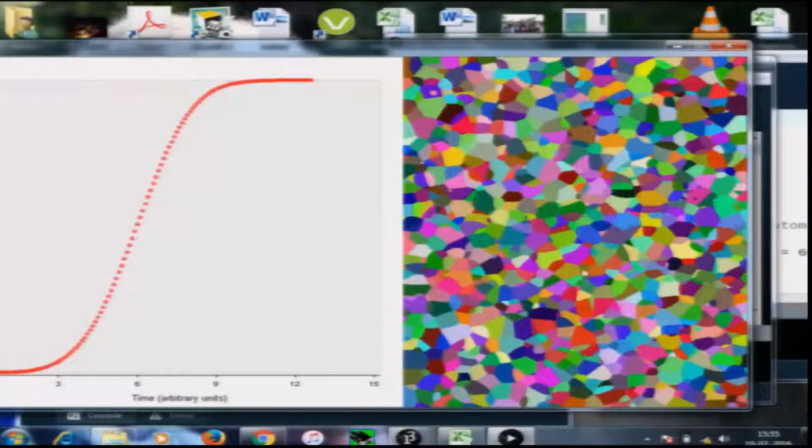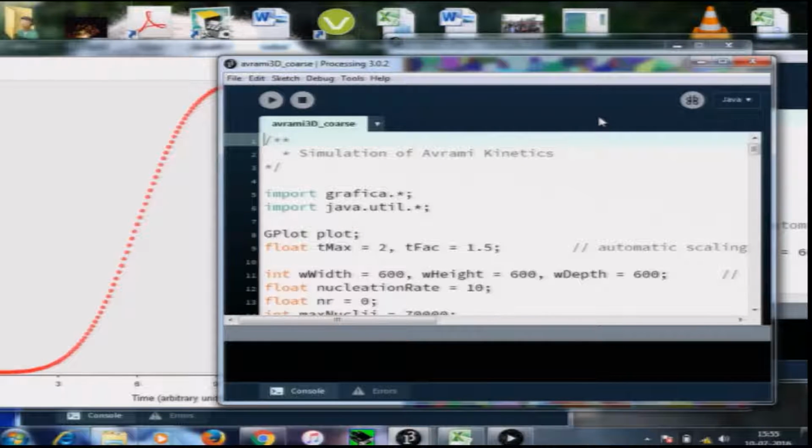So, you had isotropic growth, and of course, wherever two nuclei would impinge, the growth would stop there, and finally you get this polycrystalline grain structure that you can see. Now, let me look at another example where the nucleation rate would be reduced significantly and the growth rate would be increased.